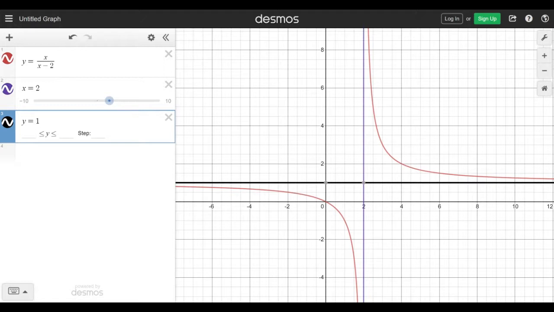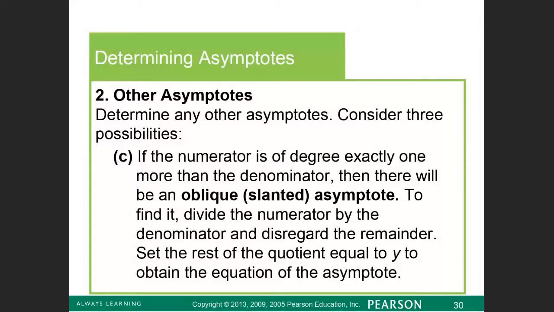Okay, so let's go back to the last rule, which is 2c. Let's switch our screen to the last rule.